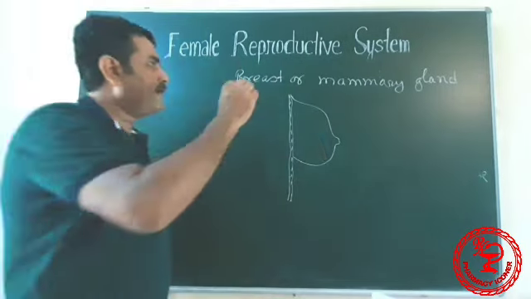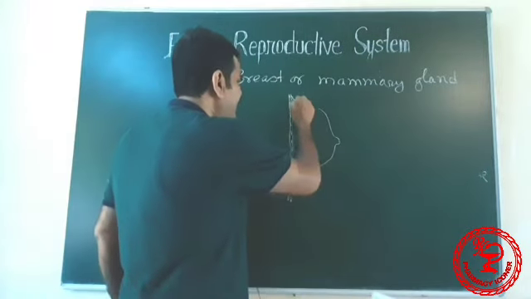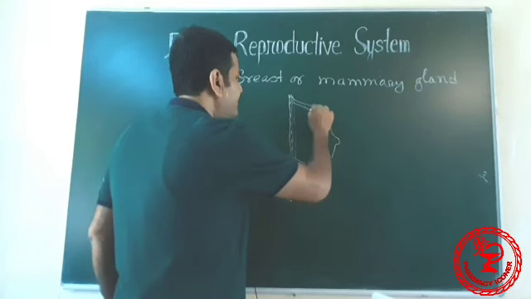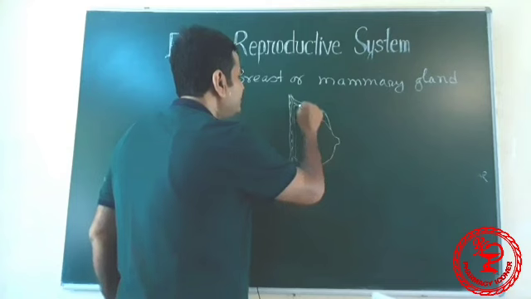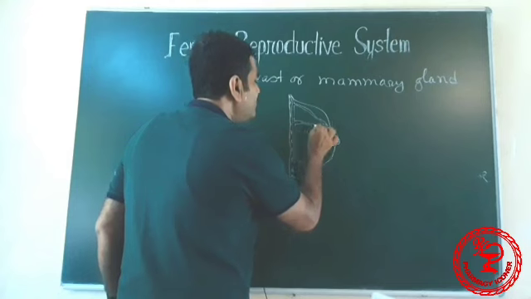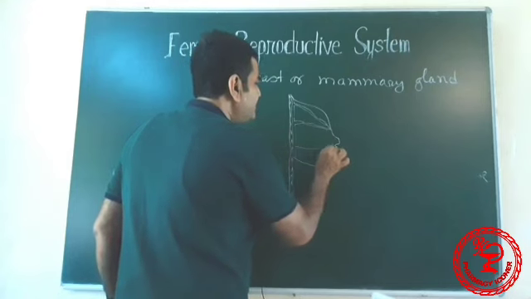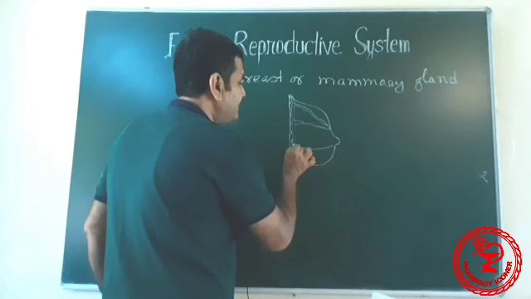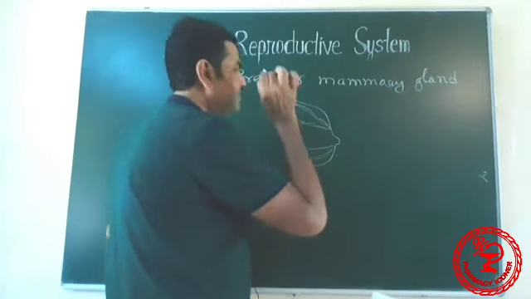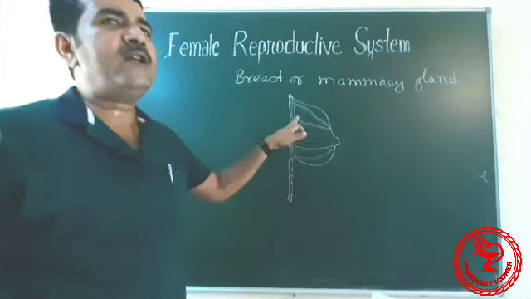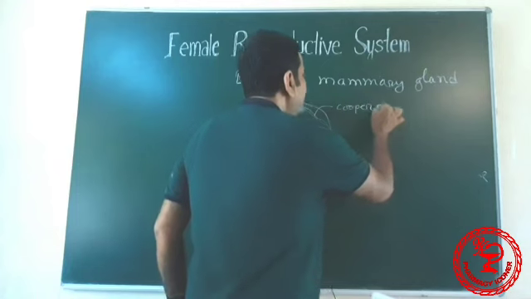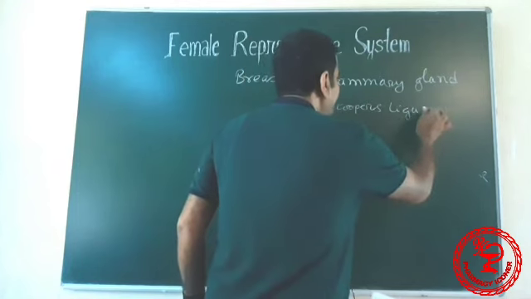They are supported by some tissues called suspensory ligament or Cooper's ligament.